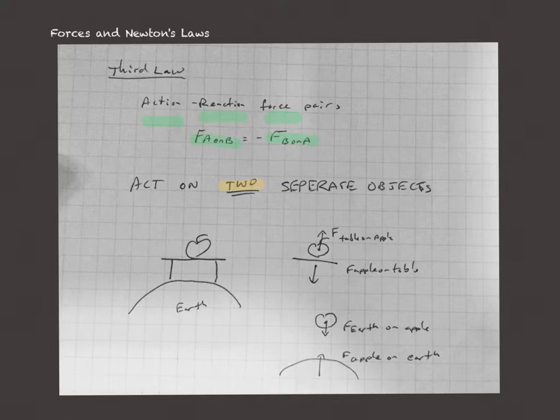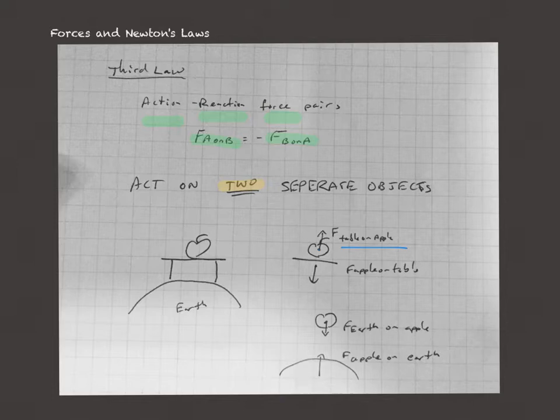From our original situation, we had gravity pulling it down and then the table pushing it up. So between the two objects, the first force we think about is the force of the table on the apple. Notice the force is drawn from the center upwards. So if the table is pushing upwards on the apple, there has to be an equal and opposite force.